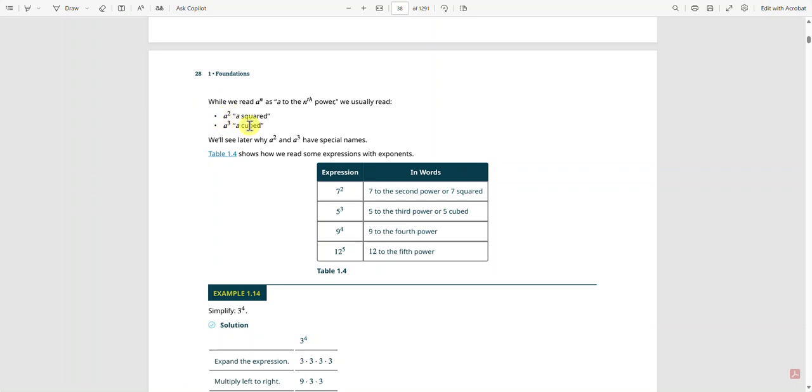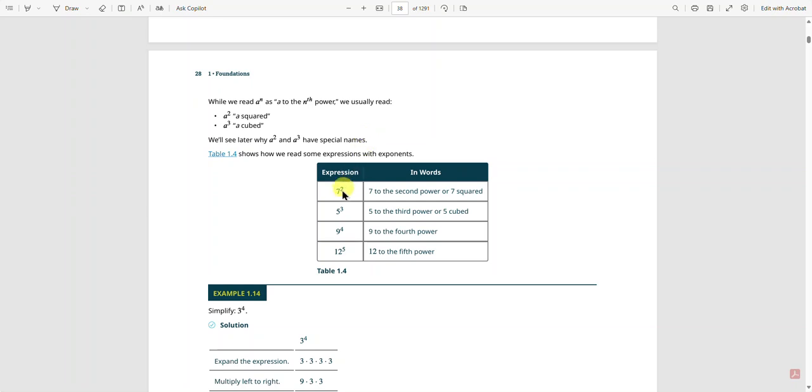It has length, width, and height. So a to the third power is like multiplying the sides of a cube. That's why we say a squared and a cubed. All right, so don't let those words confuse you. We'll later see why a squared and a to the third have special names. I'm sure it's because of what I just said.